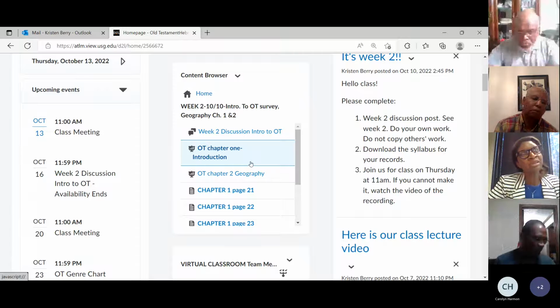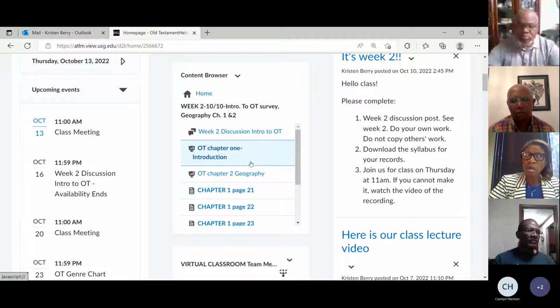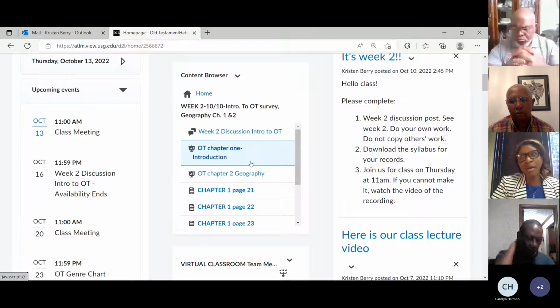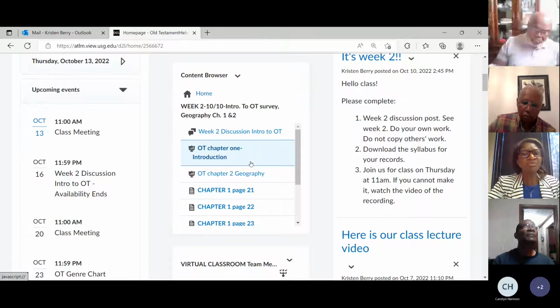When we opened this up last class period, I said Old Testament reading can be kind of difficult because you don't understand the people and the land is so far away. This is not North America. You're trying to figure out where are these places. These places are very unfamiliar to us. It's very far away from us. Old and New Testament locations. So it can be difficult.